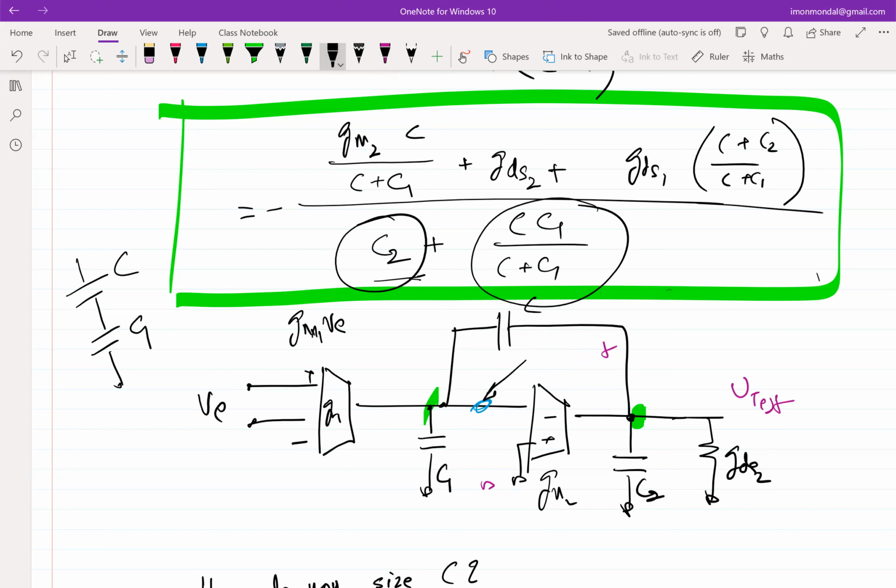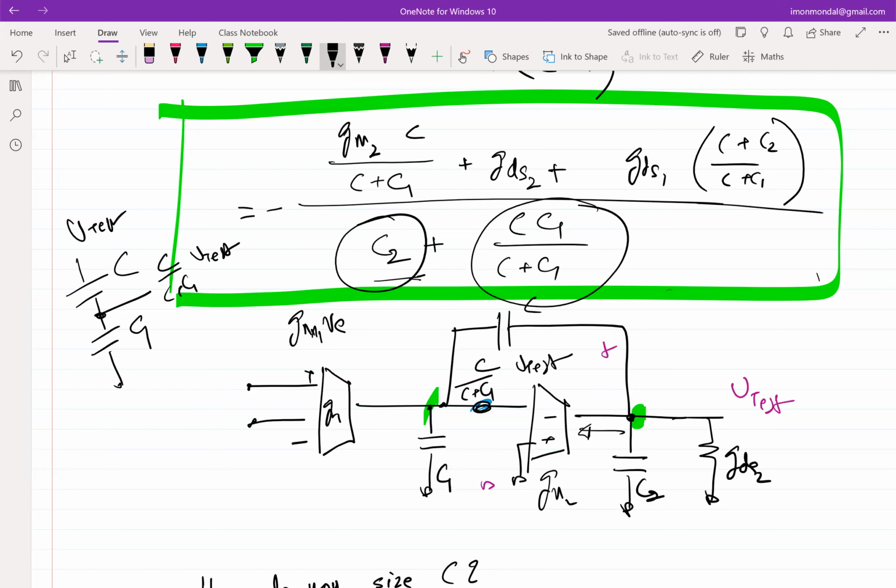Between C1 and C. So that voltage will be C by C plus C1. Is that okay? So if I apply V test here, what is this voltage I'm looking for? This will be C by C plus C1 times V test. Correct? So that appears here.